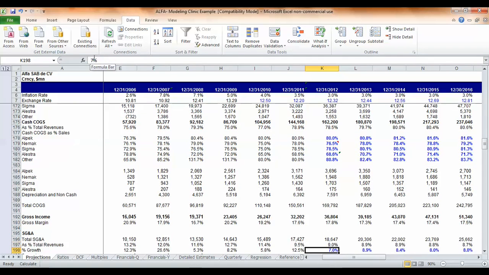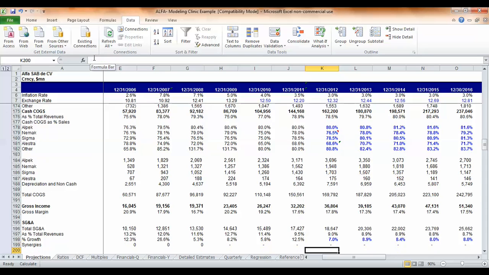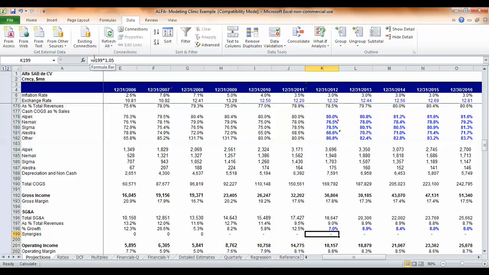SG&A. In this case, this is a little bit different than cost of goods sold. Cost of goods sold are typically, for the most part, variable costs.